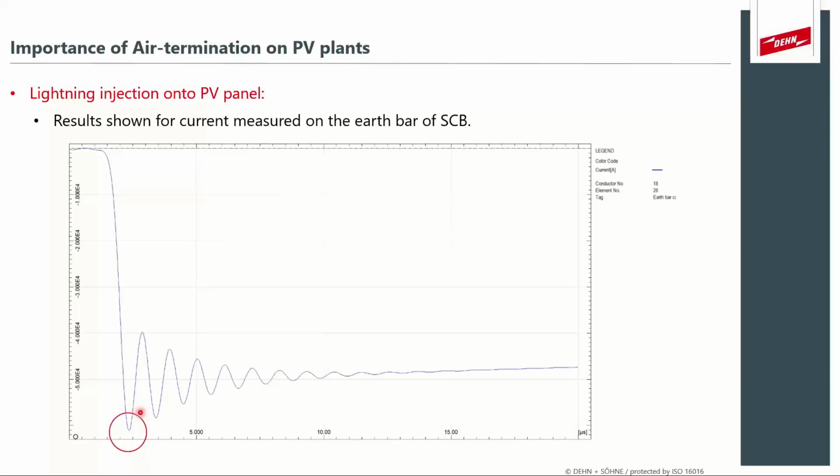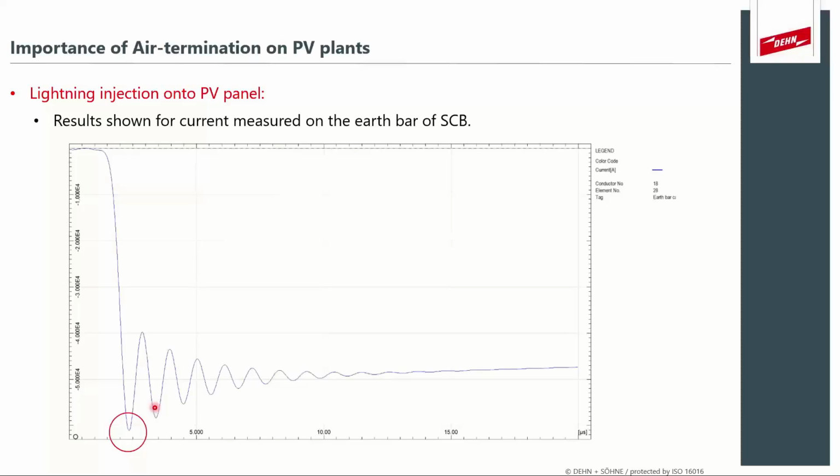The lightning current will then make use of this DC system and go back to the string combiner box where you would see 50 kiloamps, and that would cause damage to that string combiner box and the surge resistor, and it would cause further damage downstream to the point where it ties into the inverter. So immediately we can see that it's not as simple as replacing a single module.